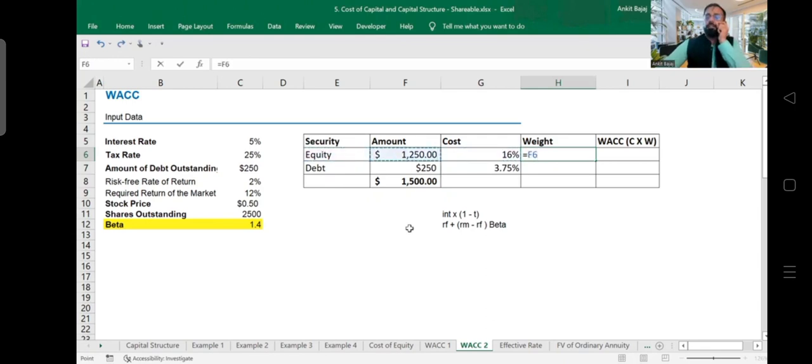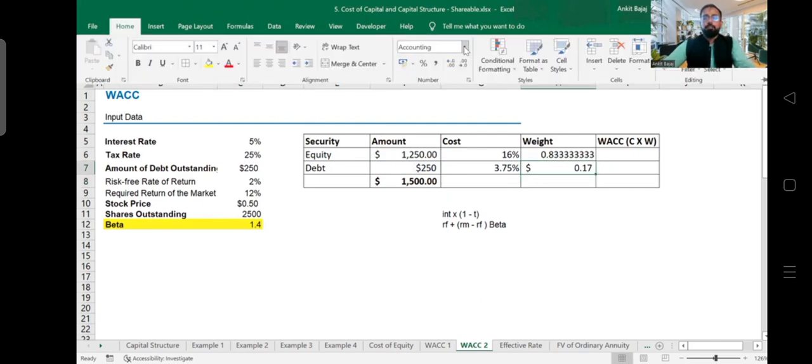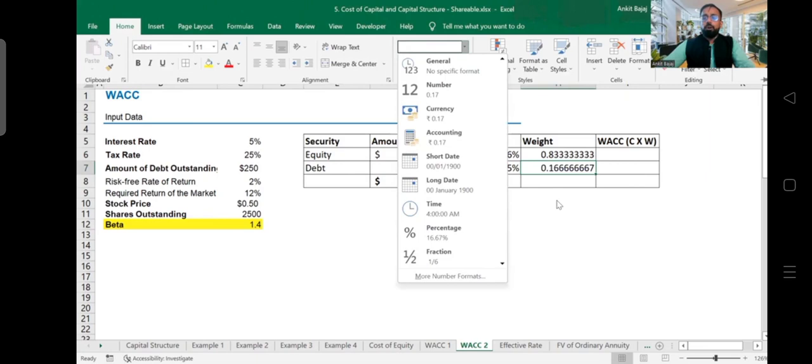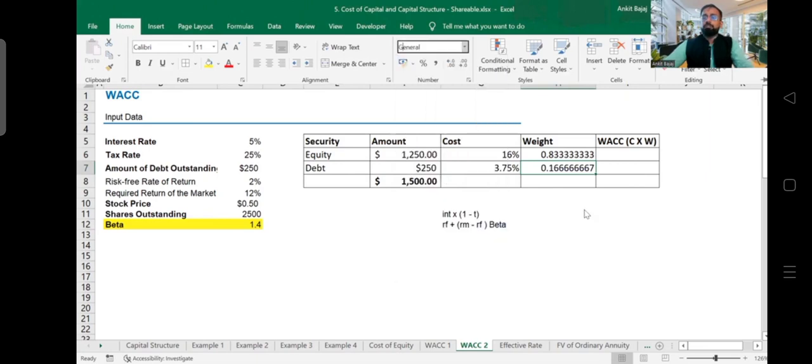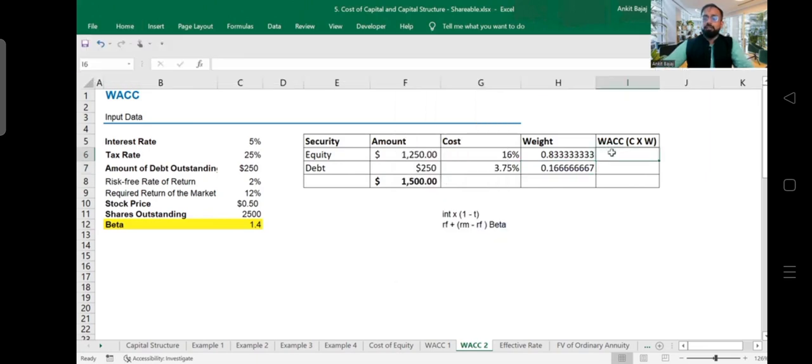So the weight of equity is equity divided by total capital. So it is here 0.833. Then the weight of debt, debt divided by total capital, is 0.17. Then if I want to calculate the WACC, simply I will take cost into weight, and I will copy the same here.